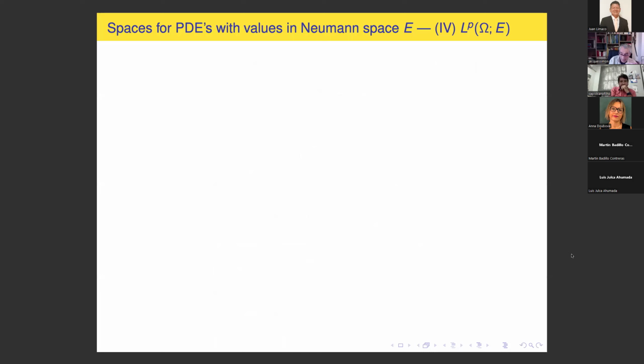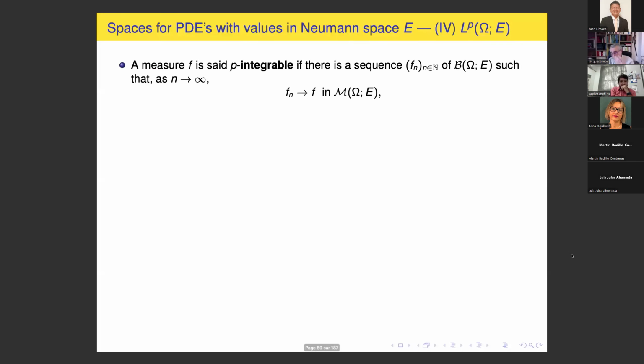So we can integrate easily a continuous function, and we will define LP as the limit of uniformly continuous functions.